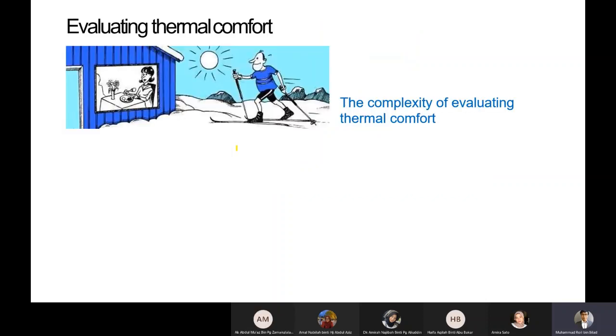And as you might think, it will really depend on the situation. Evaluating how comfortable someone is is complex. It depends on where. I mean, here, this guy doing skiing will say that temperature of -5 is very comfortable. While when you have your dinner somewhere inside the room, it's a different temperature. So it's really different.